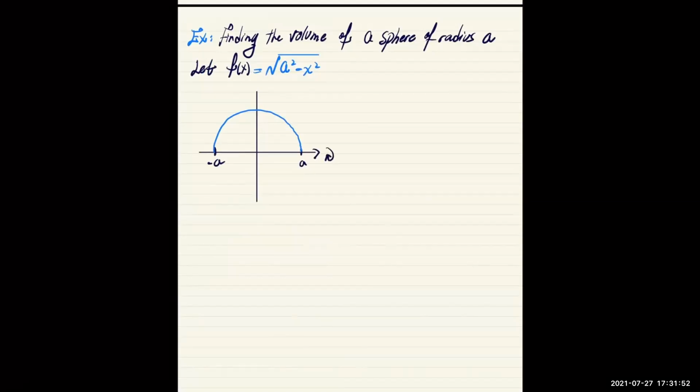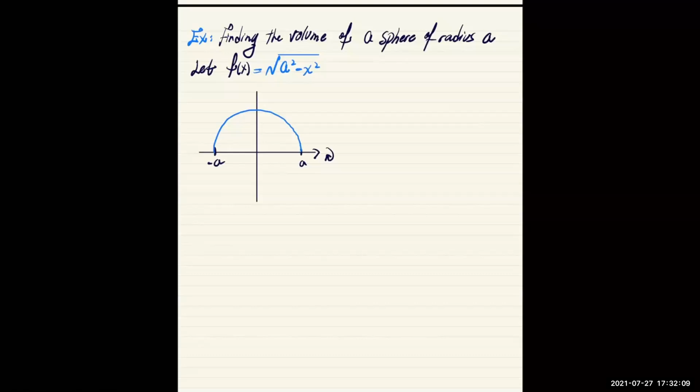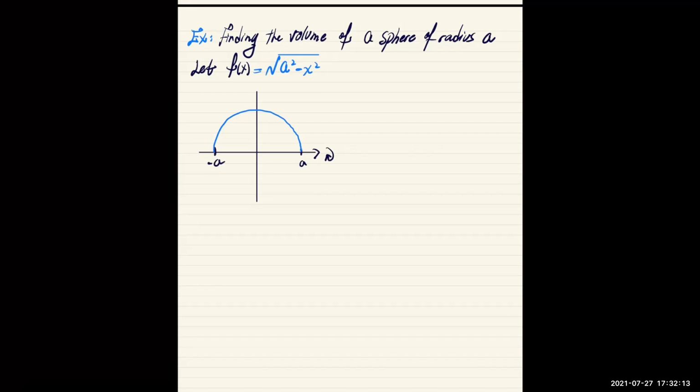You could have also taken the right semicircle, whose equation would be a squared minus y squared, and revolved that around the y-axis. Nobody cares, it's the same thing. So revolve this around, and you end up with the sphere.